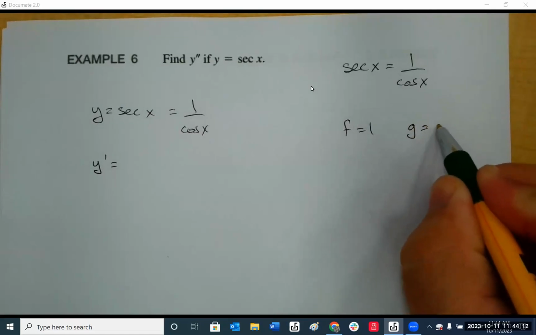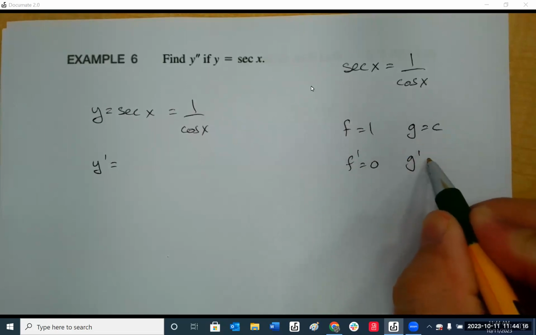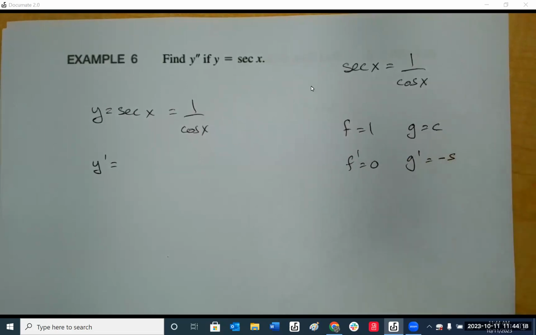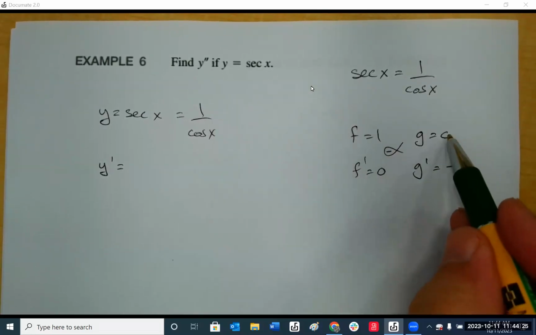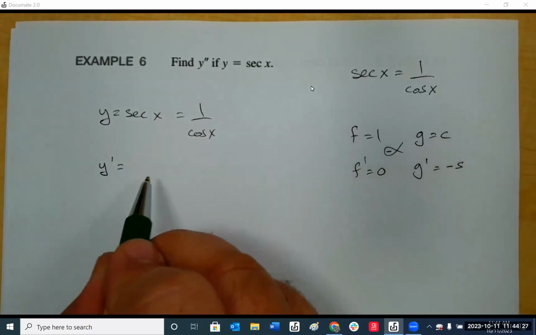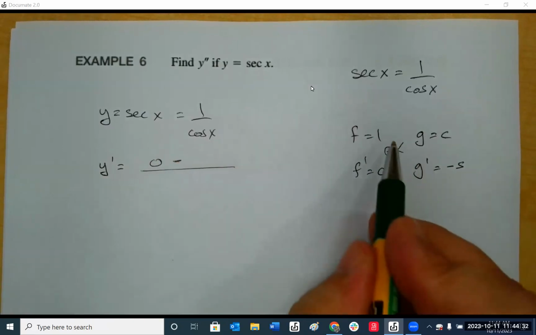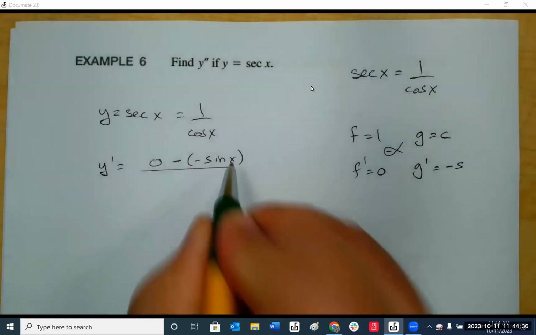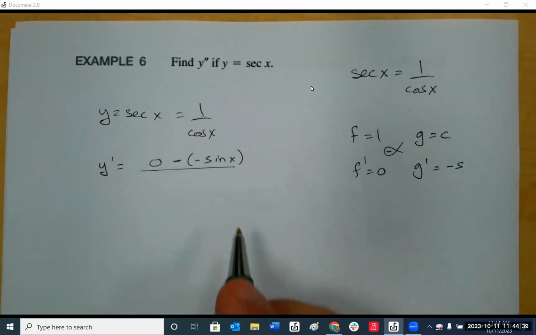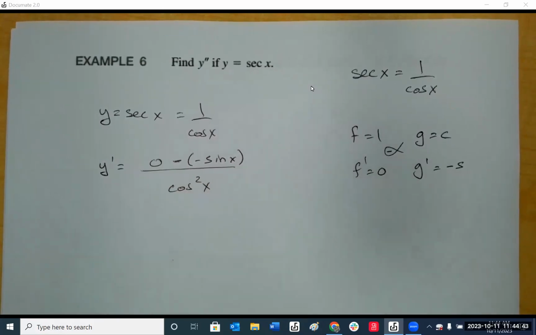Using the quotient rule: the first derivative of 1 is 0, and the derivative of cosine is negative sine. It's subtraction, since it's a quotient. So we have cosine times 0, which is 0, minus 1 times negative sine, which is negative sine, all over cosine squared x.